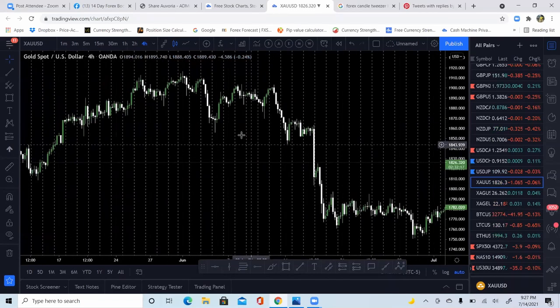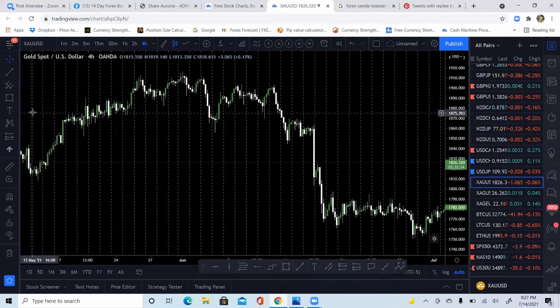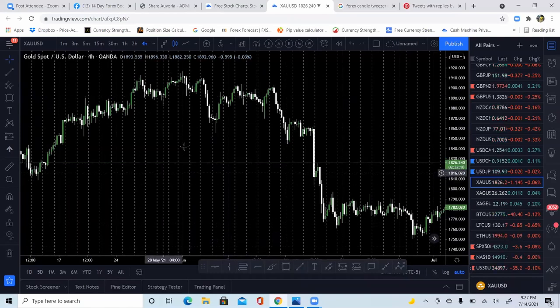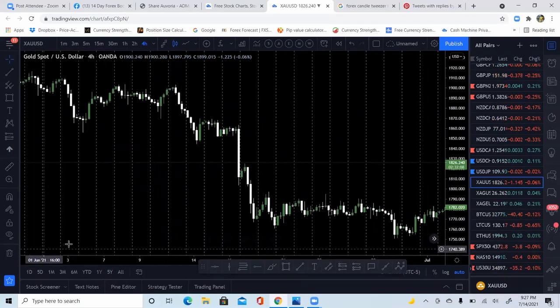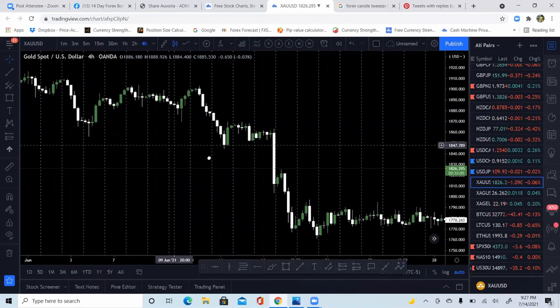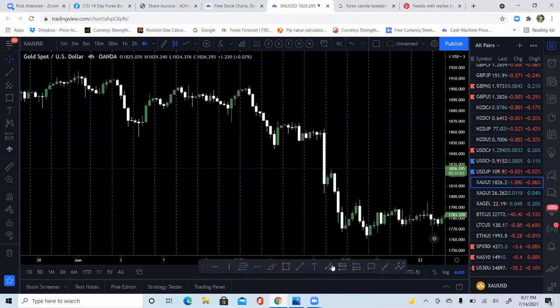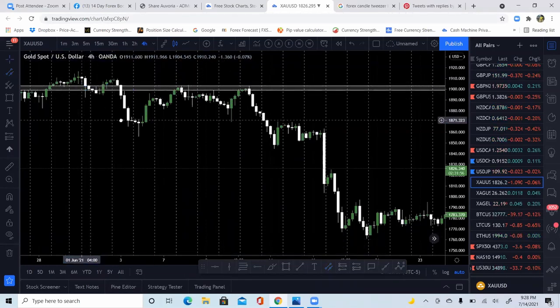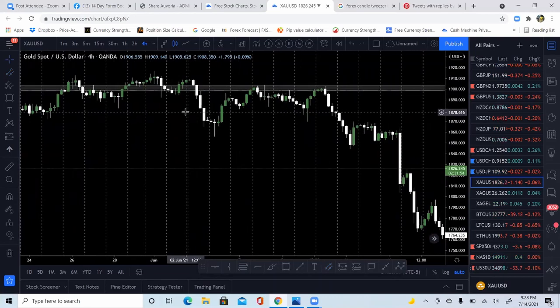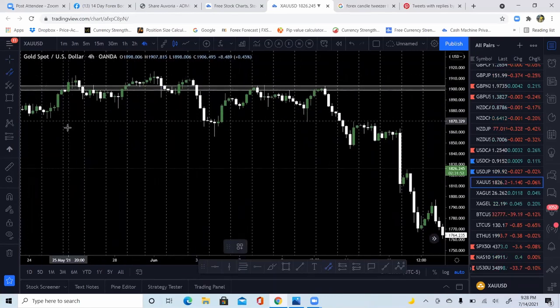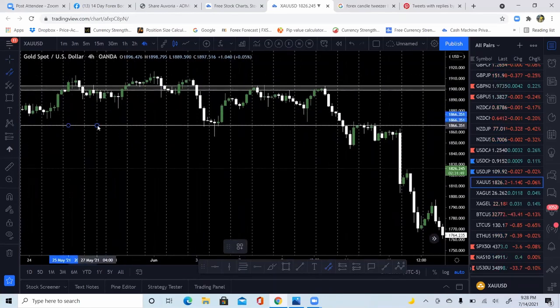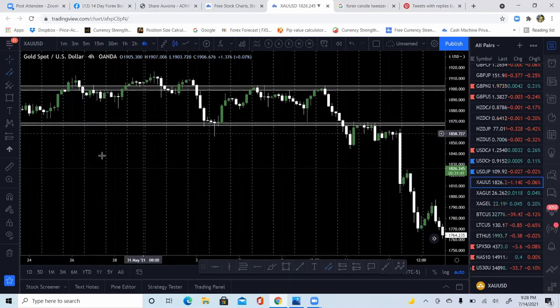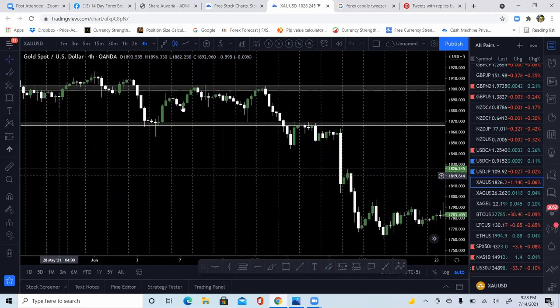The way you confirm it, and I'm going to go one class ahead just for a minute, is you combine it with another aspect of confirmation, whether that is a common price level. You see how they match up. So you've got common price levels here.